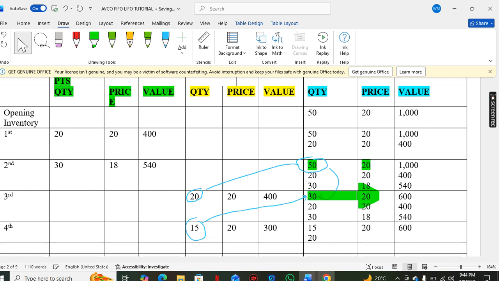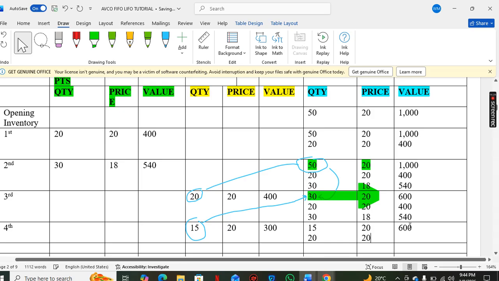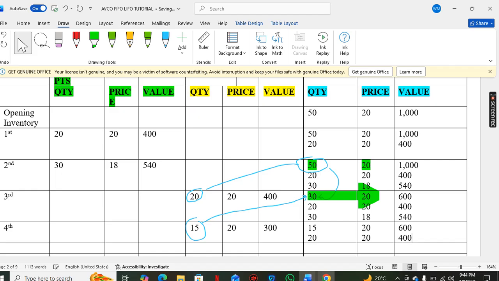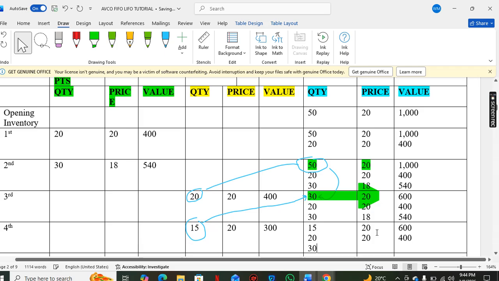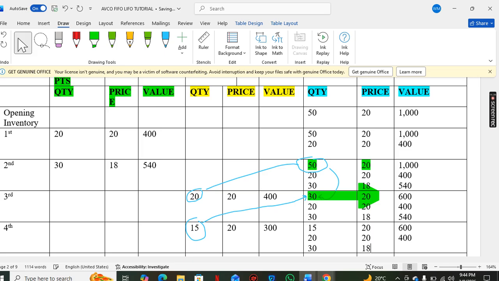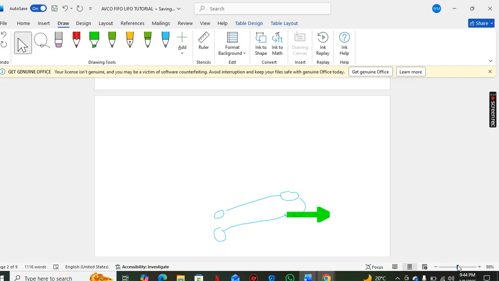And then you've got 20 units valued at 20 kwacha, which is 400. And then we've got 30 units valued at 18 kwacha, that is 540. Any questions, colleagues?